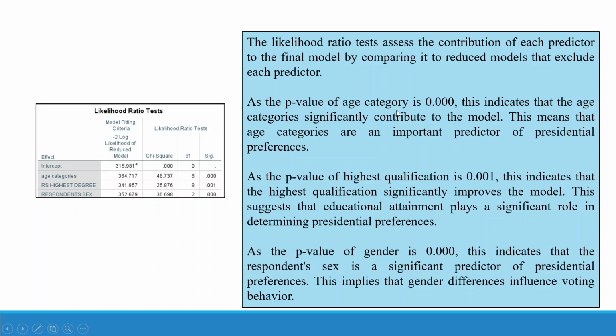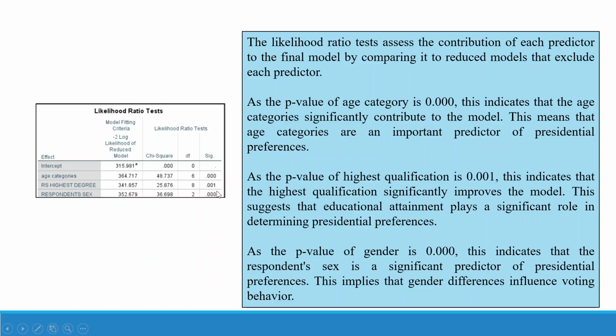As the p-value of the age category is 0.00, this indicates that the age categories significantly contribute to the model. Or in other words, we can say that there is a preference for the presidential candidate according to the age. This means that the age categories are an important predictor of the presidential preferences.